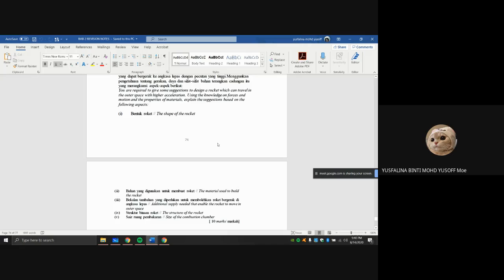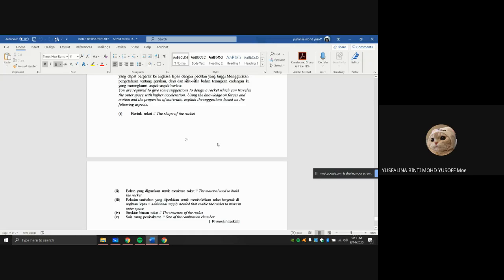After it finishes the fuel in a tank, it will drop the fuel tank. So after that, the mass will be reduced. When the mass is reduced, it can move with higher acceleration. So that was the structure of the rocket.